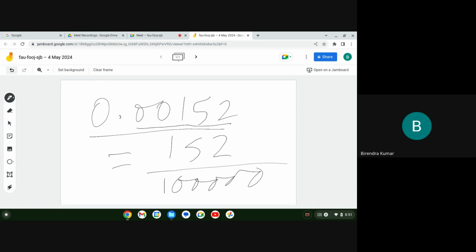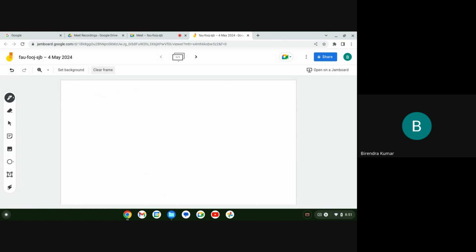If there's a decimal number and you want to convert it into a fraction, you pick the number and exclude all the zeros before the number, okay? Let's say you have 0.156. Why do you need to add the 1? Because it's for the decimal.